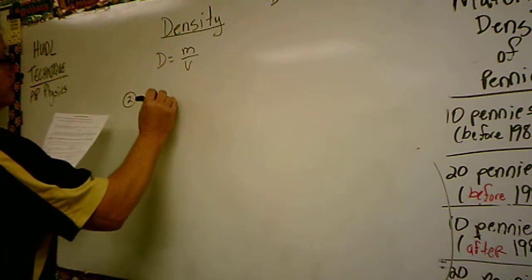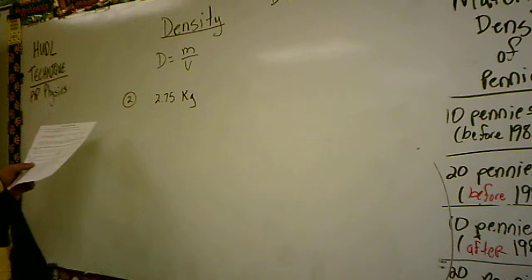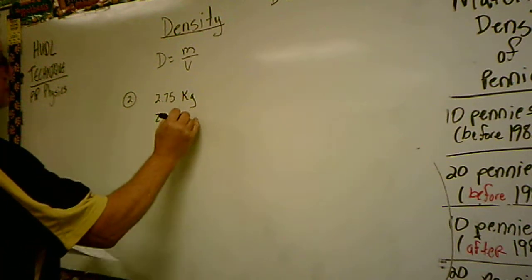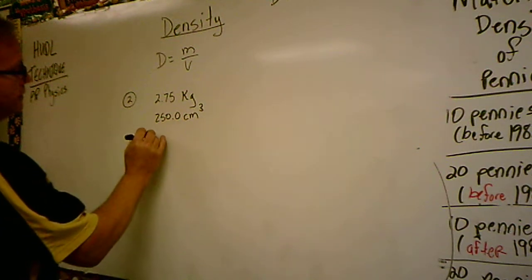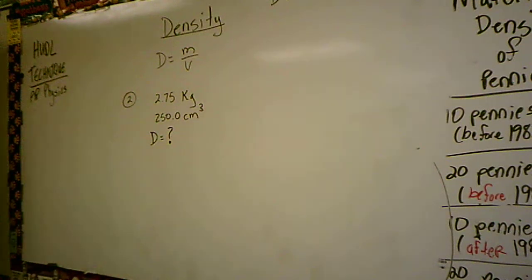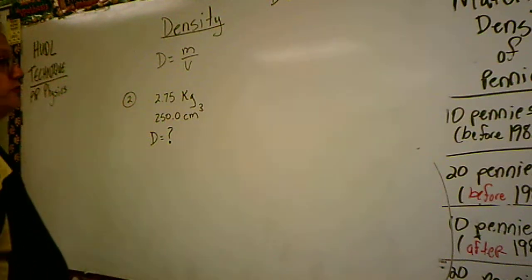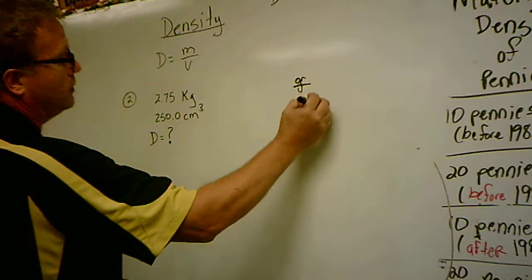And these are my variables: 2.75 kilograms, 250.0 cubic centimeters, and we are trying to find density. We know we are aiming for an end result that is going to be grams per cubic centimeter.